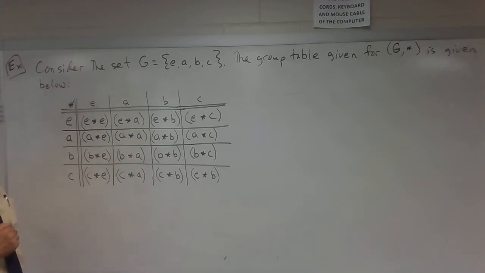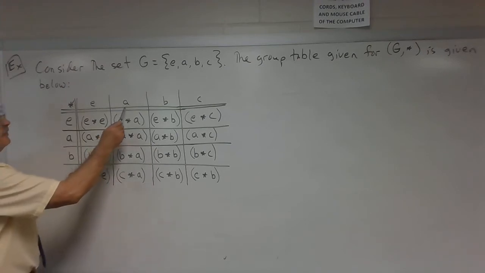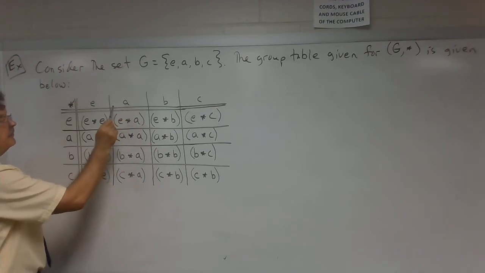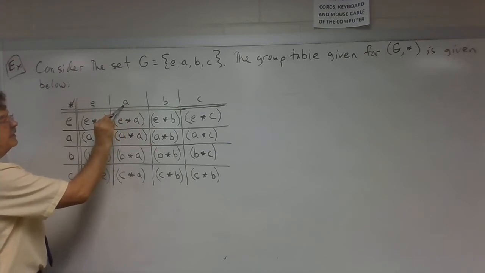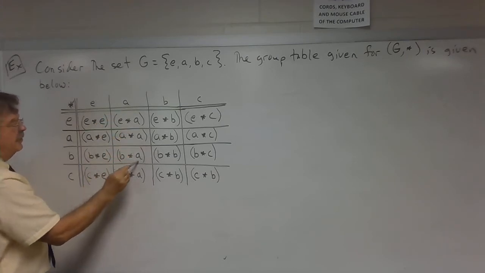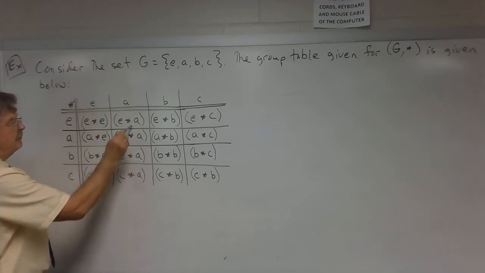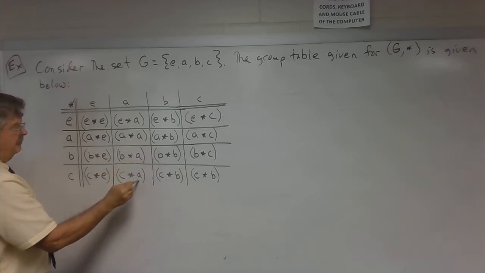Similarly, we have column headers. This is the column header for the first column, and this indicates that E, the identity, is the second element of the ordered pair in this column. In the second column, A is the header, which indicates that A is the second element of every ordered pair in this column.